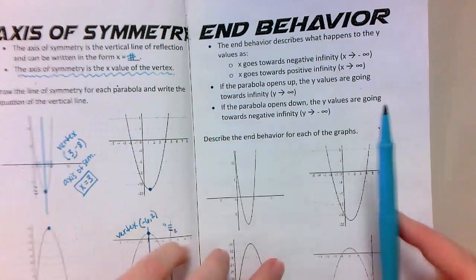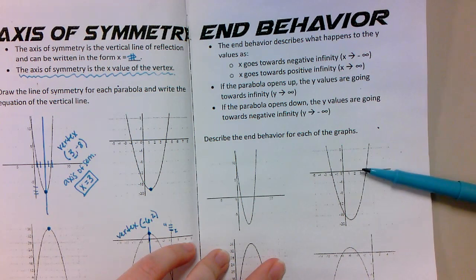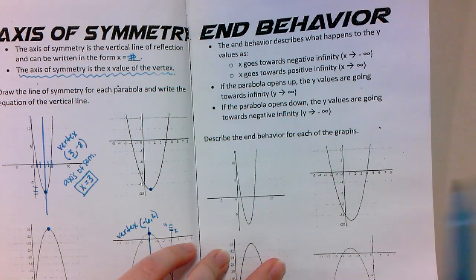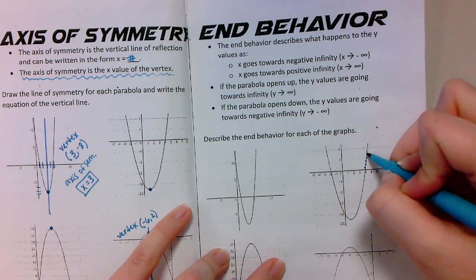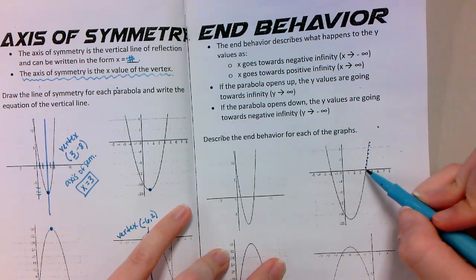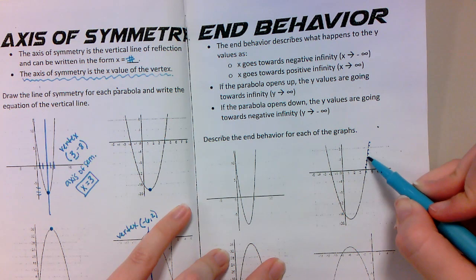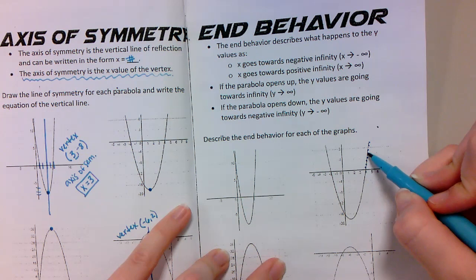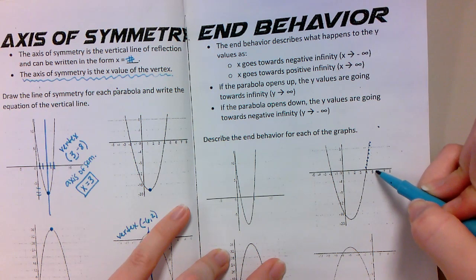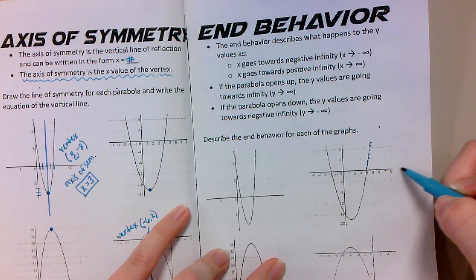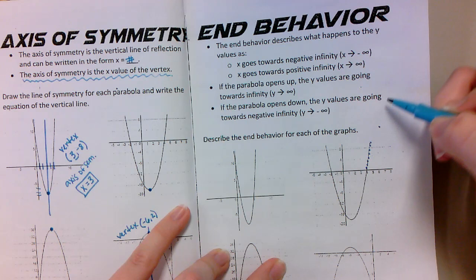So this is positive infinity. This end is going to positive infinity for the x values. Meaning, if you look at every single point on this graph, this x value is 4, this x value is 4.1, this x value is 4.2, this x value is 4.5, this x value is 5, this x value is 5.5, and it's just going to keep using every single x value, slowly but surely, as it continues to go up because it's also going out to the right.